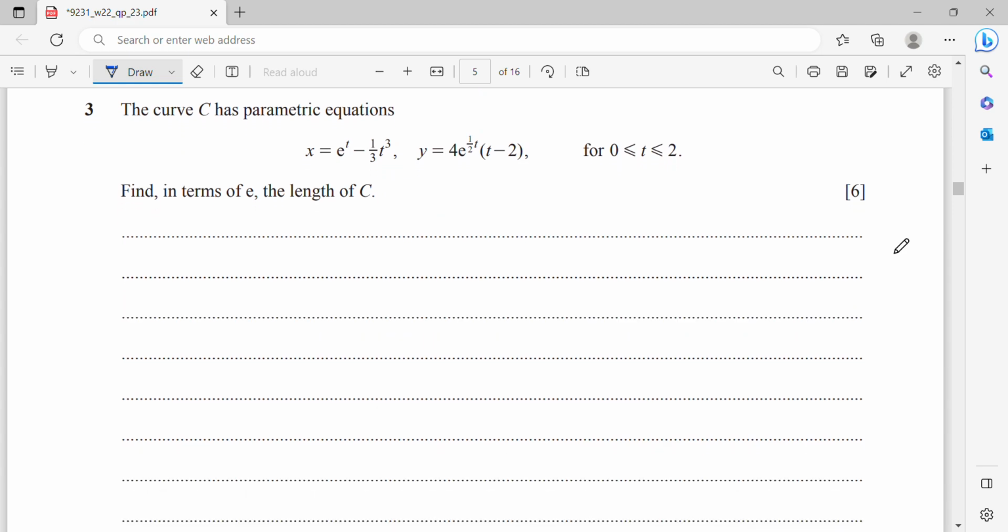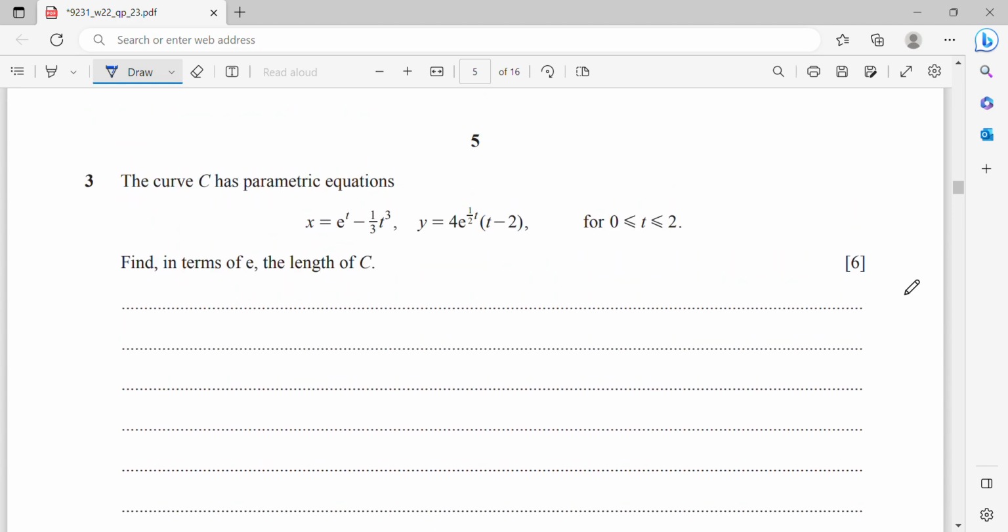Now, question 3. The curve C has parametric equations given: x is e^t minus 1 over 3 t cubed, and y is 4e^(t/2) multiplied by t minus 2, whereby t is from 0 to 2.